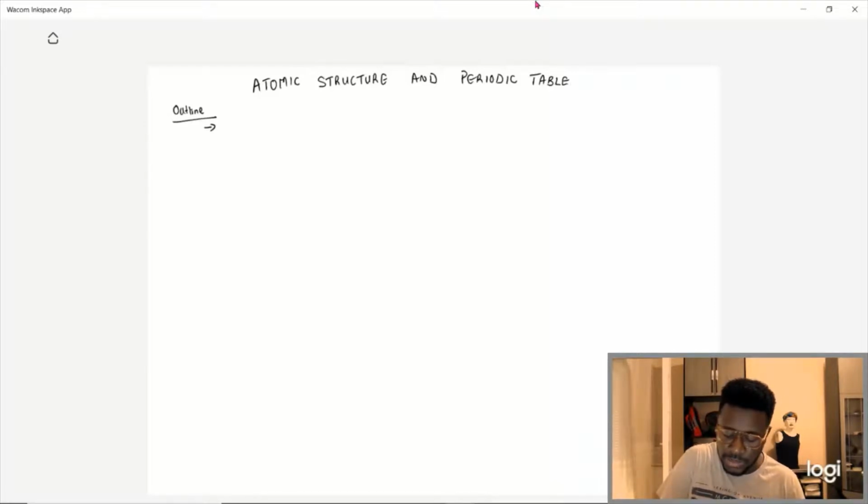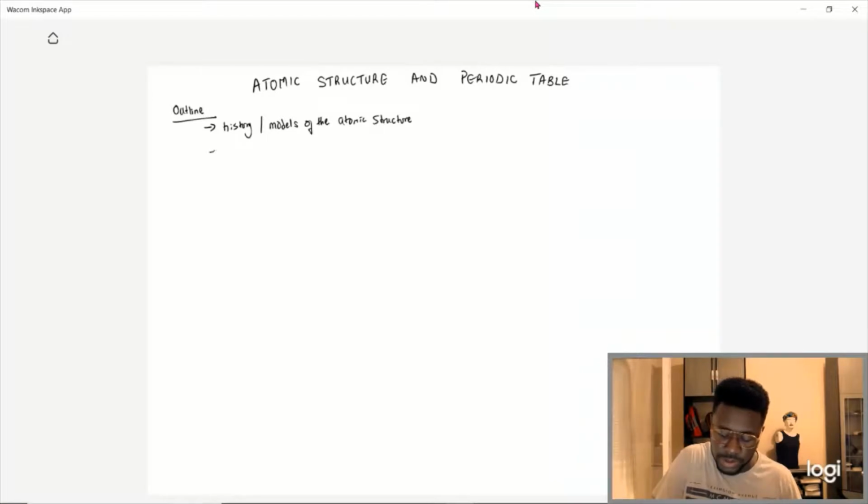We are going to talk about the history and the models of the atomic structure. So we are going to talk about all the different models and the experiments that were used.